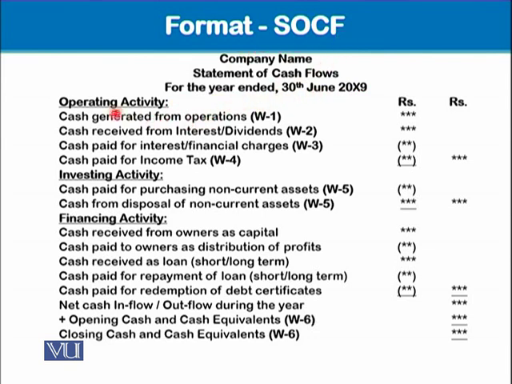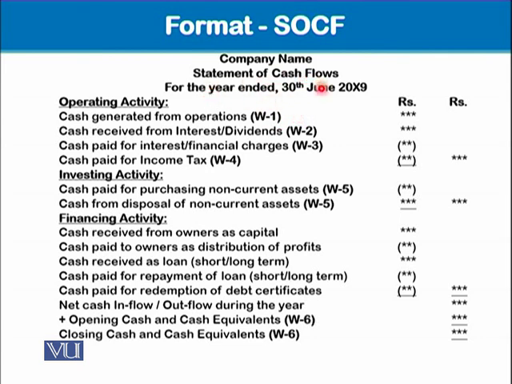Here we see that there is operating activity, investing activity, and financing activity. In this operating activity, we have an information known as cash generated from operations. This is a very important information that we prepare for this statement.